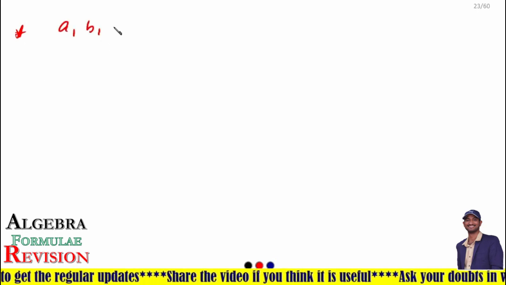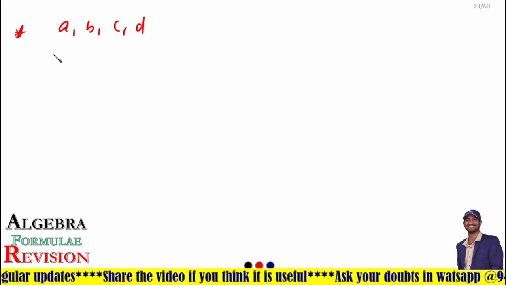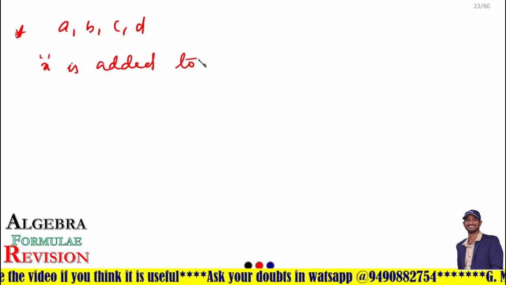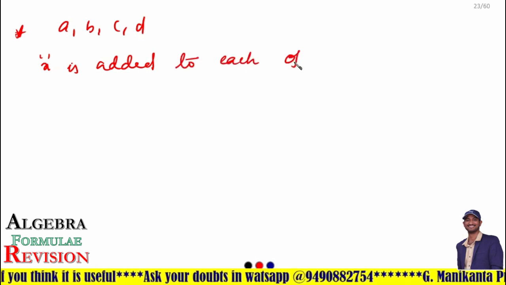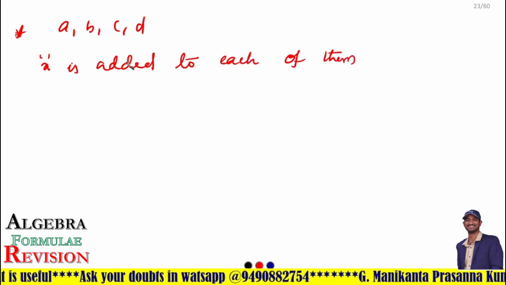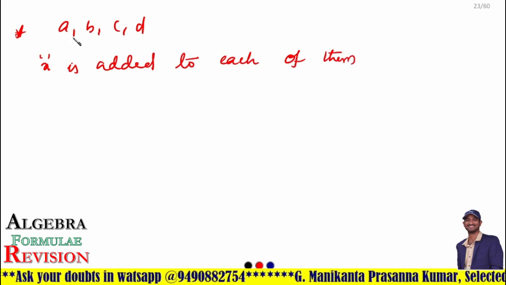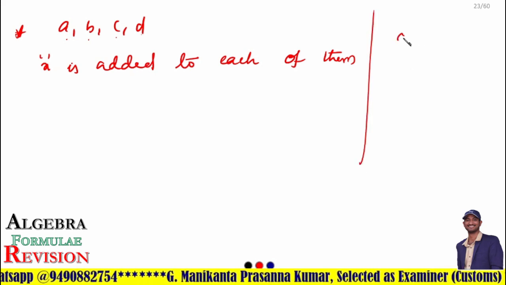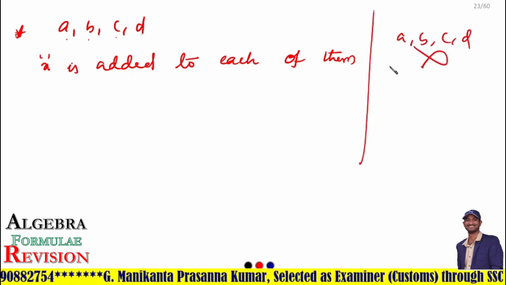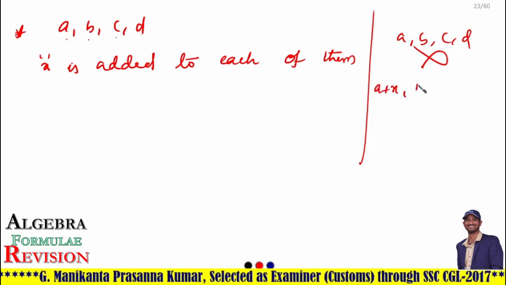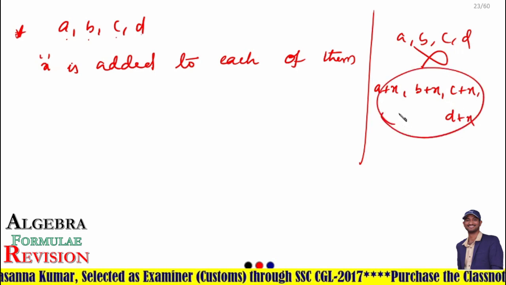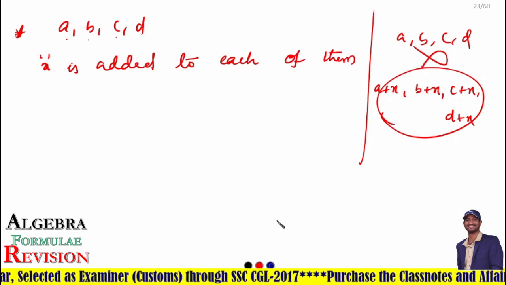In proportions, you have to remember two points. One is, if four numbers A, B, C, D are not in proportion initially, but when a number x is added to each of them, that means A plus x, B plus x, C plus x and D plus x are in proportion, then what is the value of x?